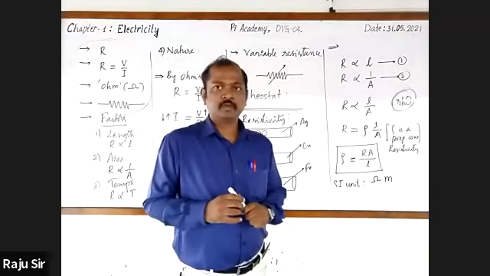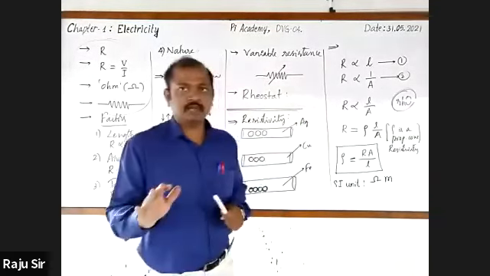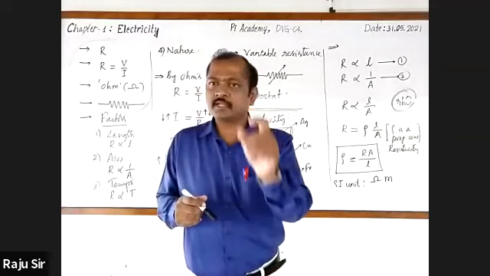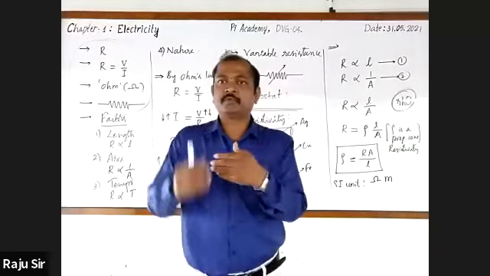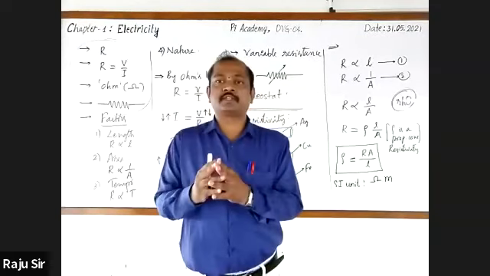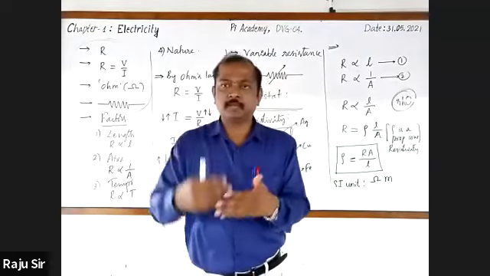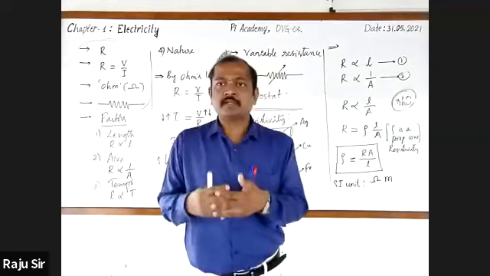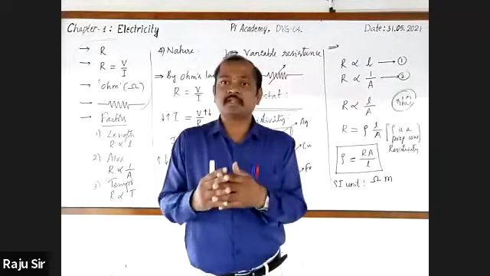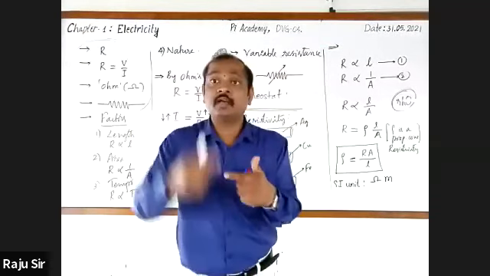Followed? Hope that you have understood. Students, we consider electric resistivity of conductors of unit length and unit area of cross section. You take different conductors of same length and same thickness, then compare their resistance.